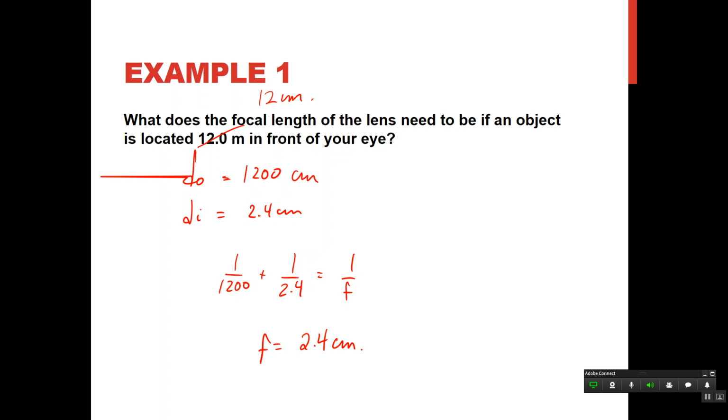So let's just do the equation real quick. 1 over 2.4 plus 1 over 12 is equal to 1 over f. And f is 2.